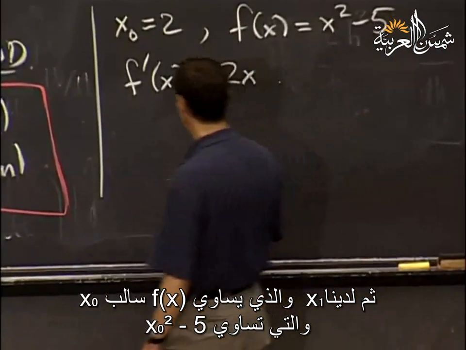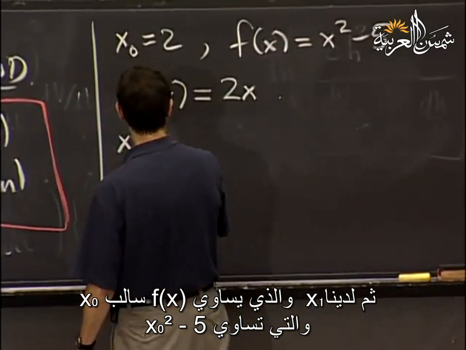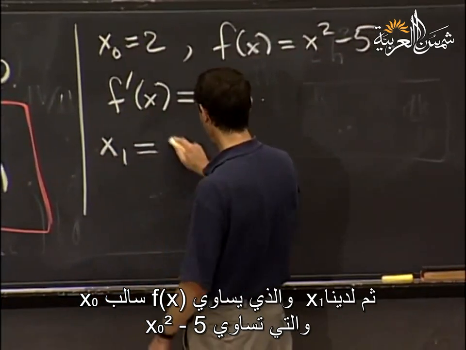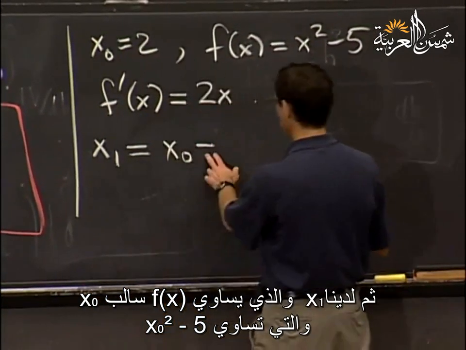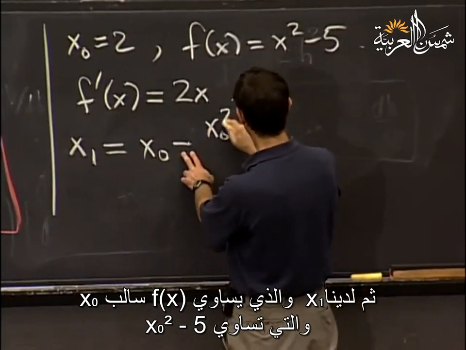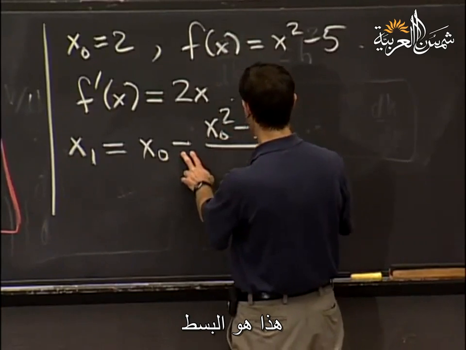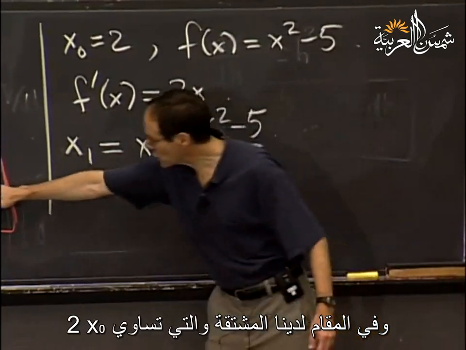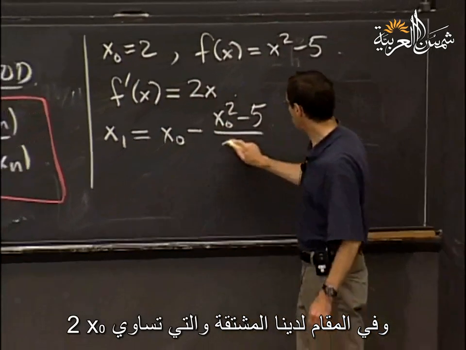And so x1 is equal to x0 minus, so f of x would be x0 squared minus 5. That's what's in the numerator. And in the denominator, I have the derivative, so that's 2x0.